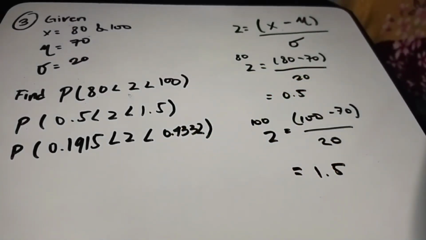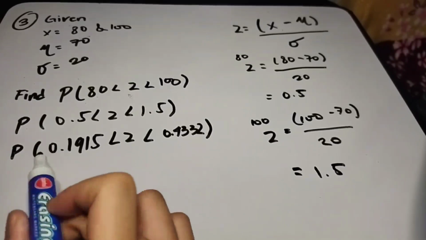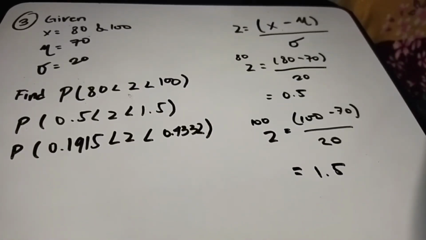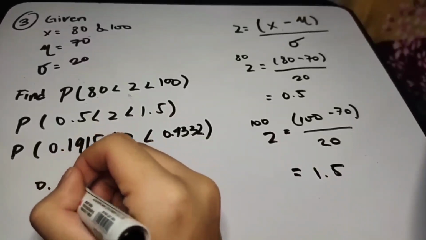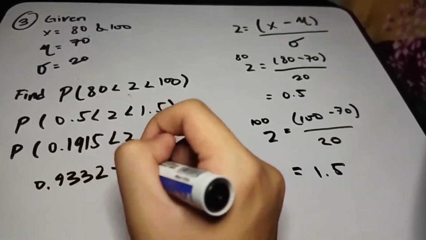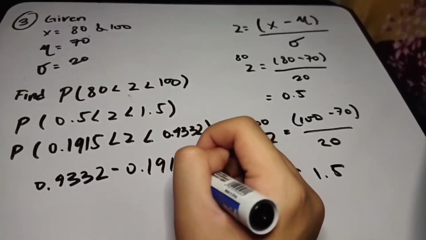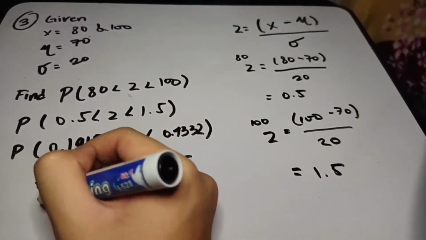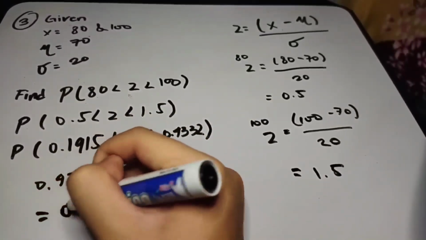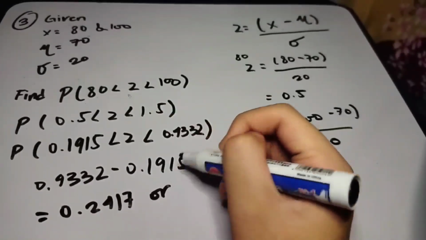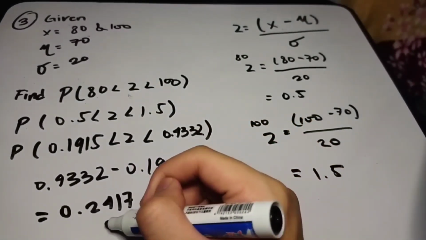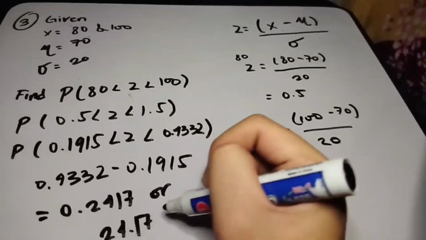So since sa parehas na area tayo kumukuha ng value, kailangan natin silang i-minus. So, kung i-minus natin sila, will be 0.4332 minus 0.1915. We will get the probability of 0.2417, or pwede din namang 24.17%.